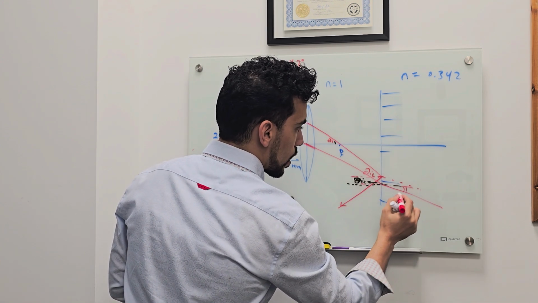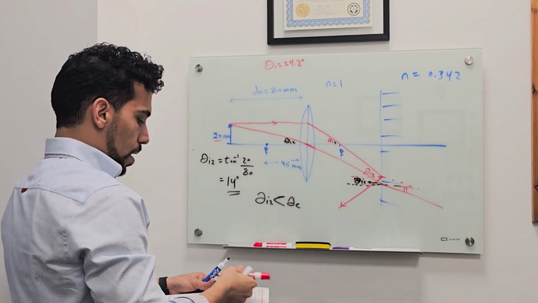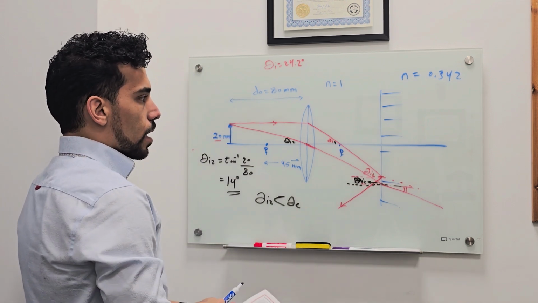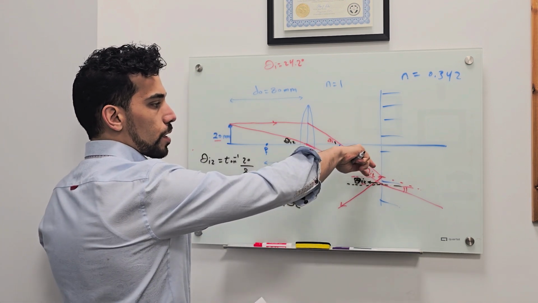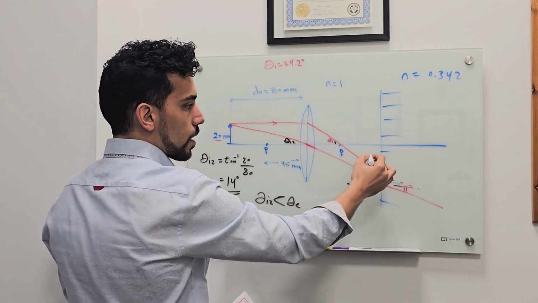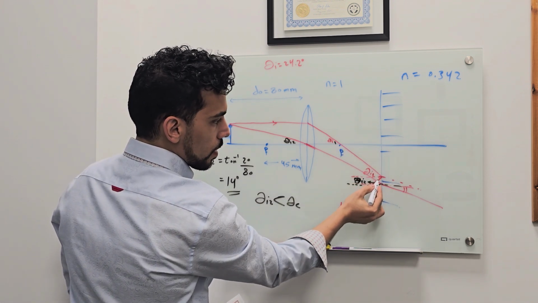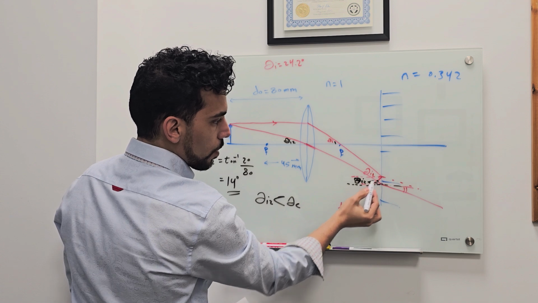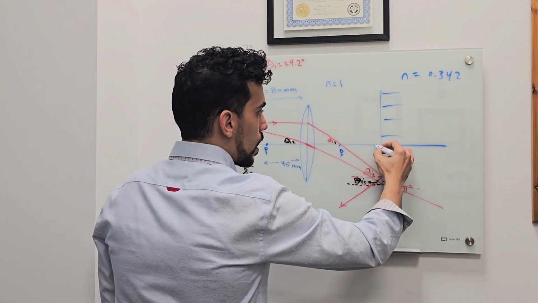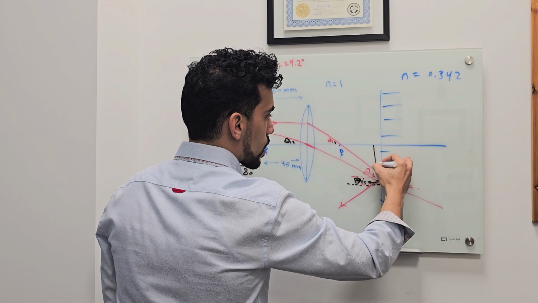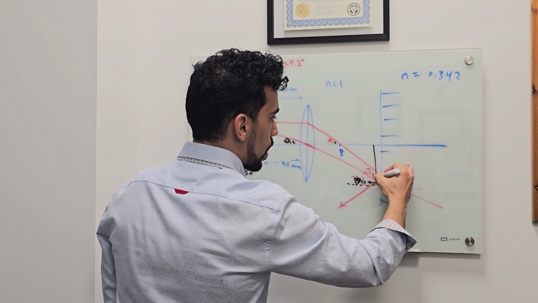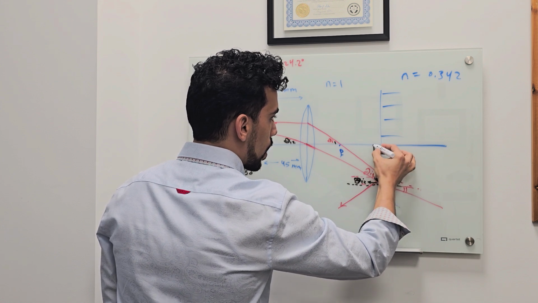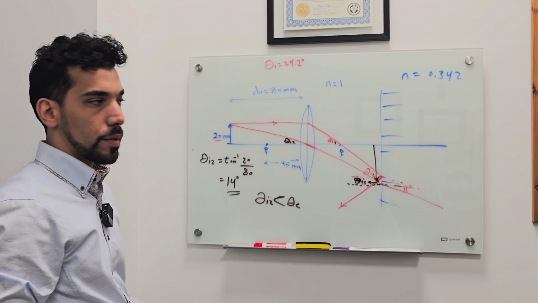Okay, it's here. So we can see that these two rays are going to intersect where? It's intersecting here. You can see this one is reflected back and this one is refracted, so they actually get connected here. So the image is going to be created at this location. Okay, this is our image.